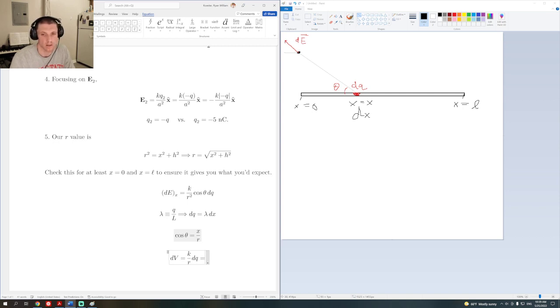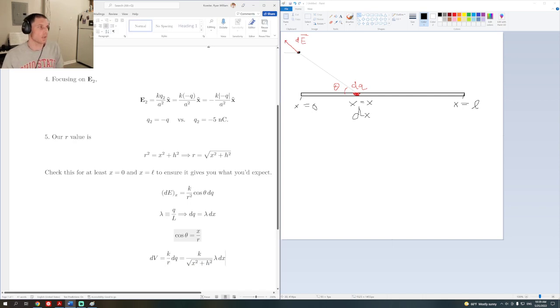And then if we plug in what everything is, we get k over square root x squared plus h squared, and then lambda dx, like this. And so this is all you have to integrate for the potential.